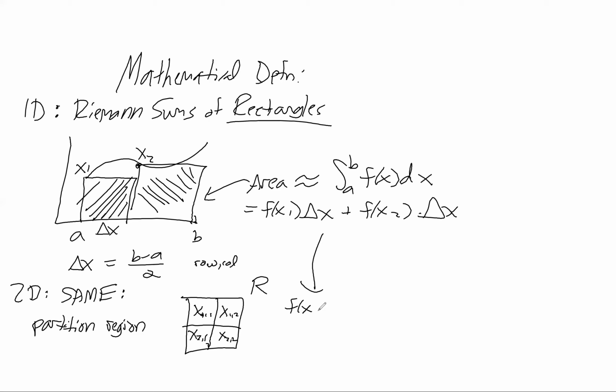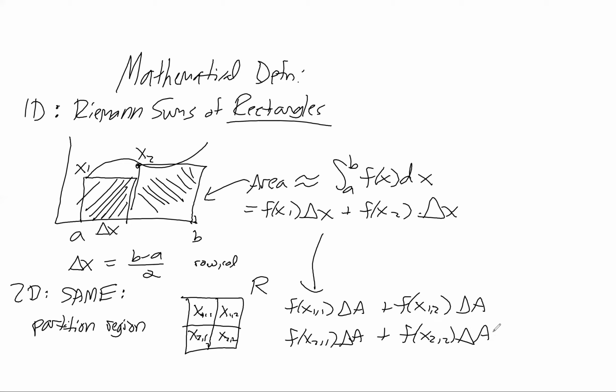So f of x11 delta a plus f of x12 delta a, f of x21 delta a, and you can guess what the last one will be. Here, of course, delta a is the area divided by 4.